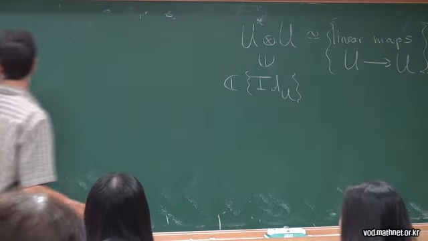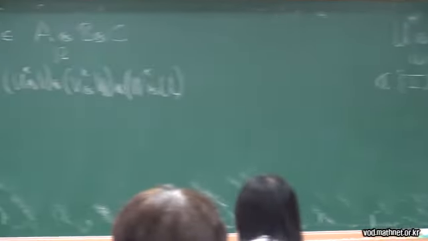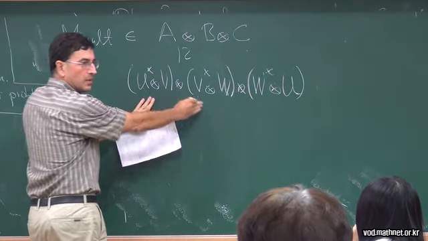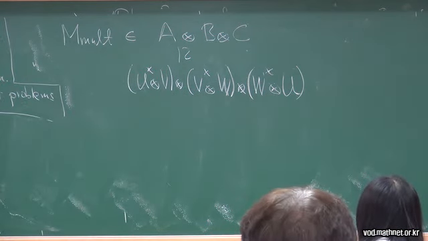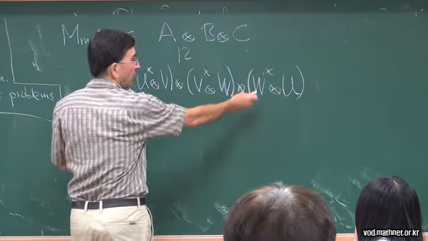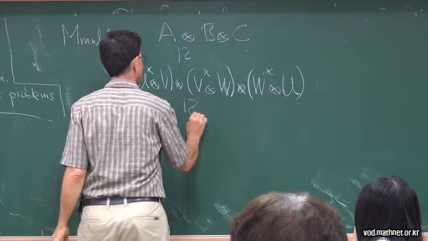Now we go to a harder question. I claim there's a distinguished point inside this space, just like that space. Well, first of all, the first hint is I can erase parentheses. And the second hint is I can reorder.